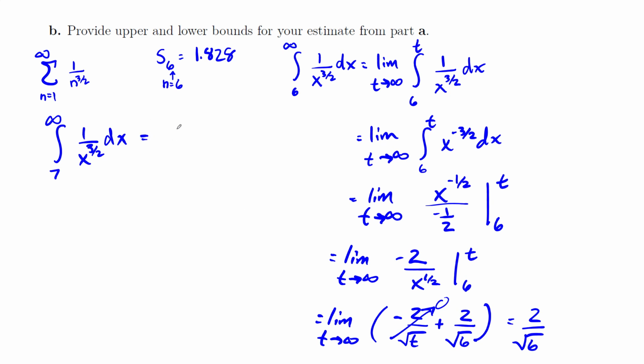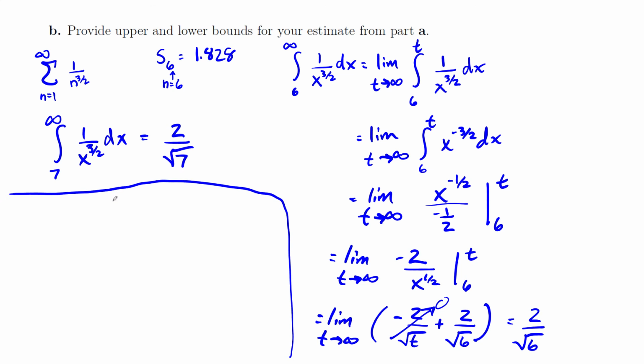So we can confidently say this is 2 over the square root of 7. So what this means is that the remainder after 6 terms is somewhere bigger than 2 over root 7, but smaller than 2 over root 6.